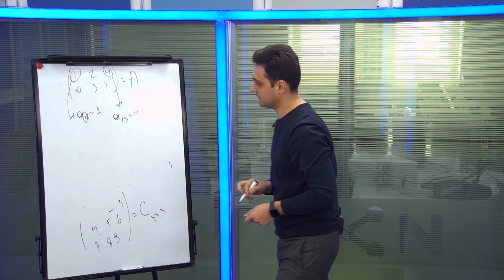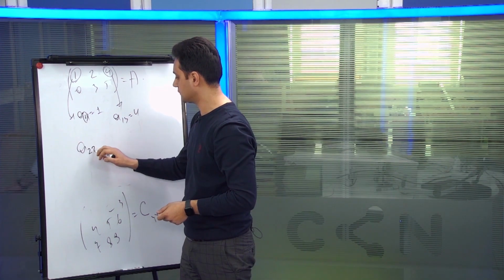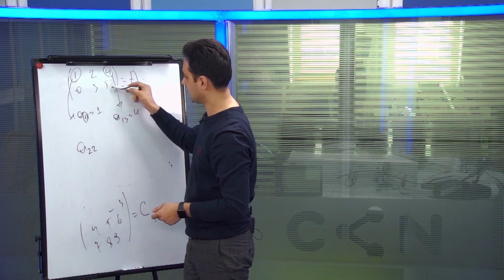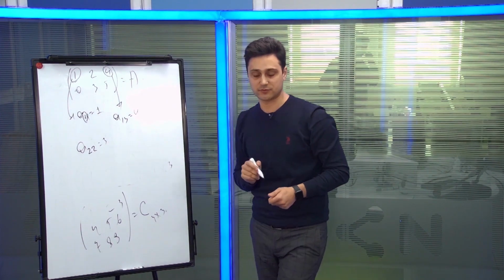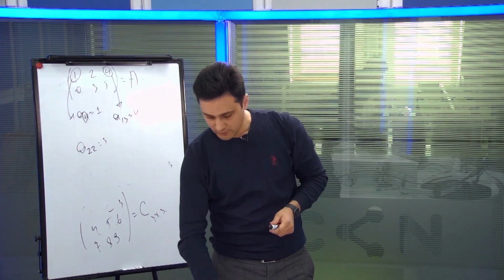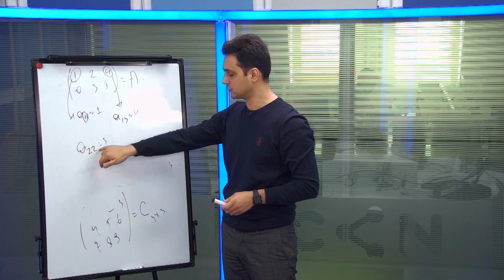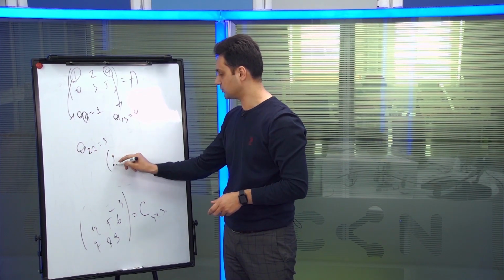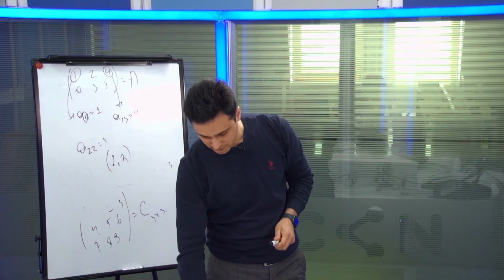So if you say, tell me the element A22, we should find the second row, second column element, which is equal to 3. So this is about matrix notation. We can show this as A with index 2, 2, or in this form. This is also seen in some books.